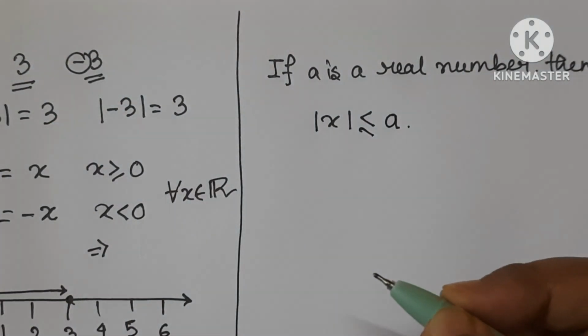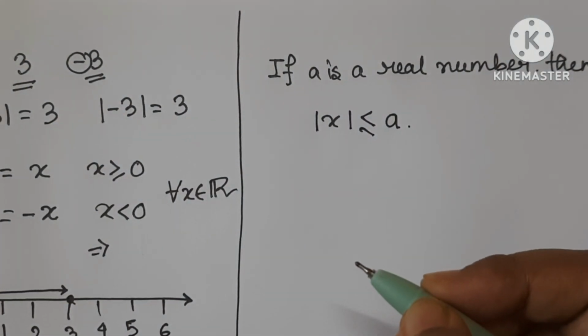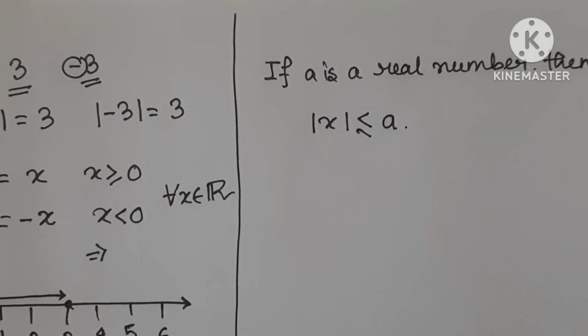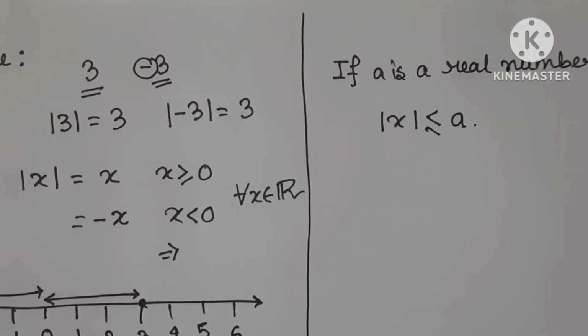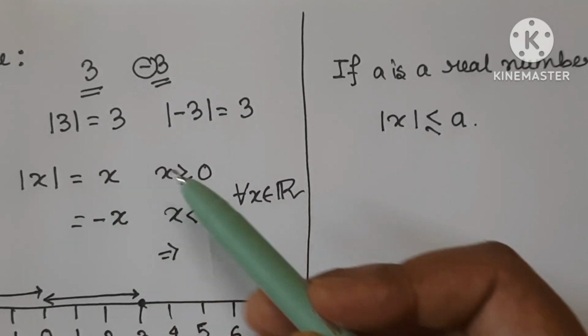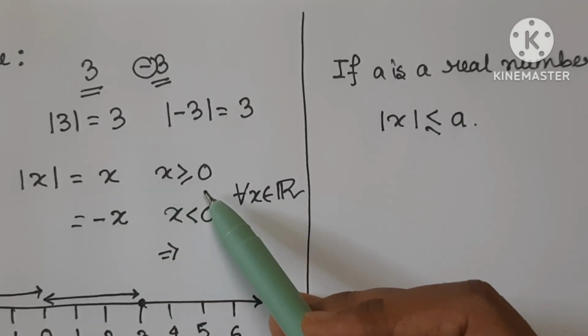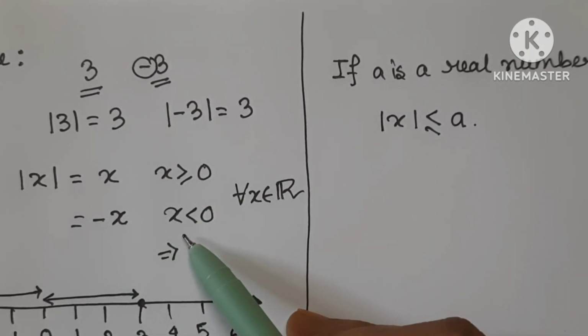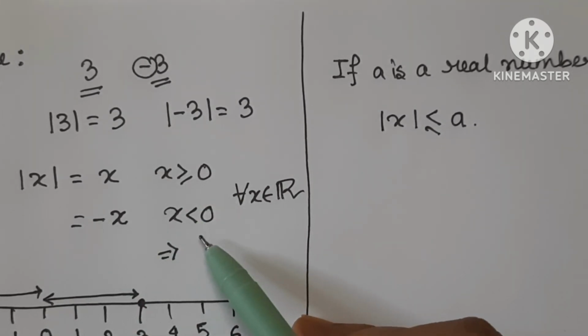Mod of x equals x when x is greater than or equal to 0, and minus x when x is a negative number, that is, x is less than 0.